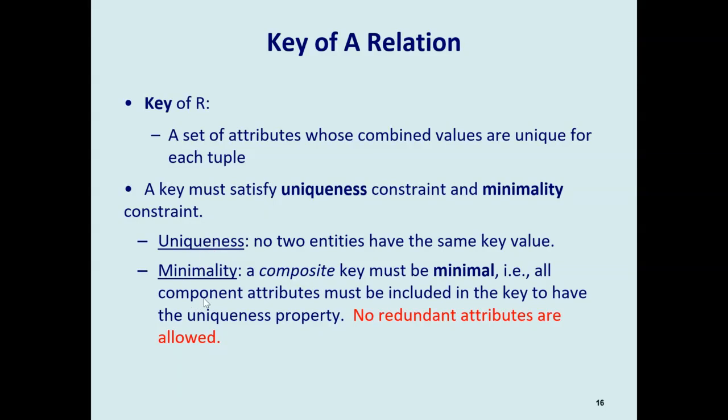Both must be satisfied. In the assessment, we also have a question about the super key. A super key can be viewed as a superset of a key. In other words, a super key must contain a key, and it can contain some other extra attributes besides the key. That's called a super key.